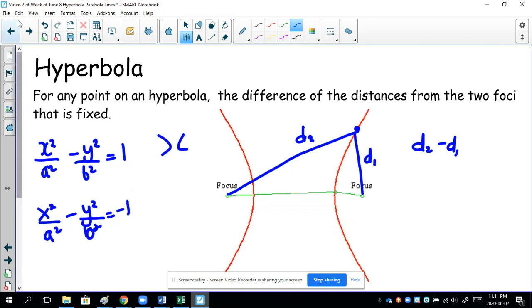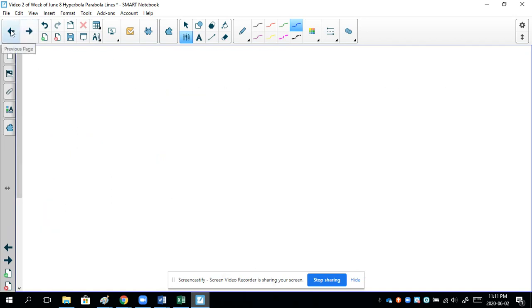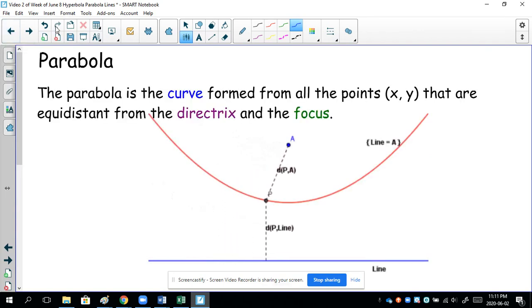And lastly, we have the parabola. I know you studied it as a quadratic function, but now we're looking at a parabola in terms of a conic section. So the parabola is the curve formed from all the points that are equidistant from the directrix and the focus.